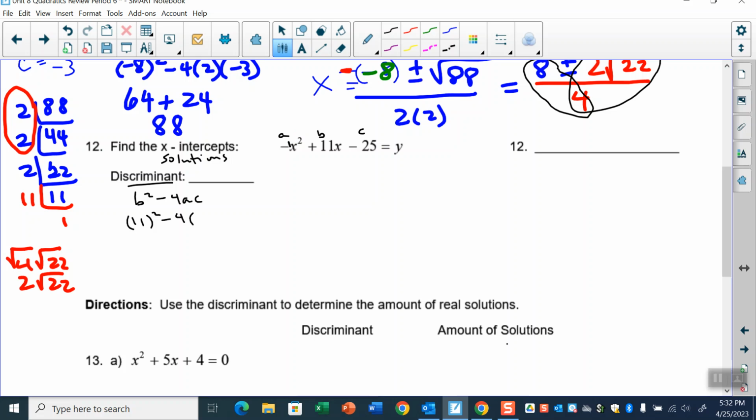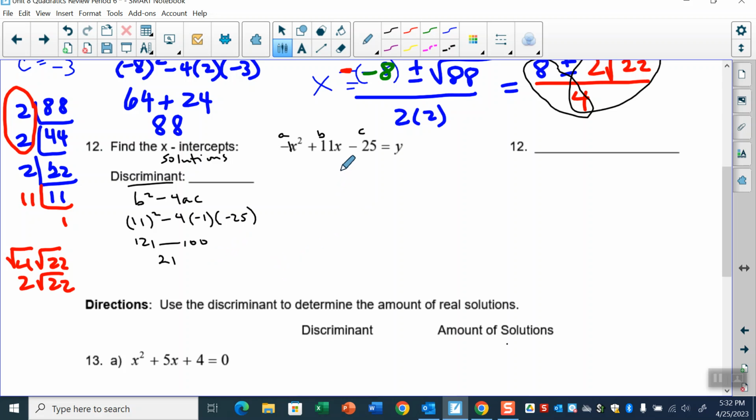A is going to be, this is negative 1, and then c is negative 25. Okay, so I've got 11 squared is 121. I've got a negative times a negative is positive, times a negative, so that's going to be minus. And then 4 times 25 is 100. So this is going to equal 21.